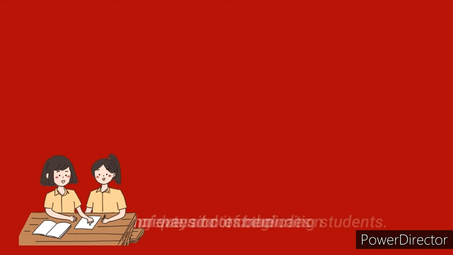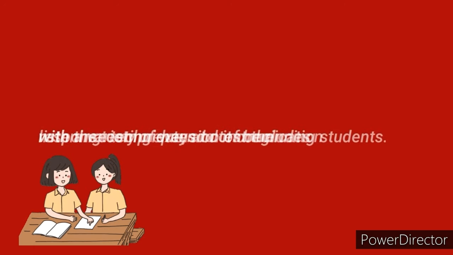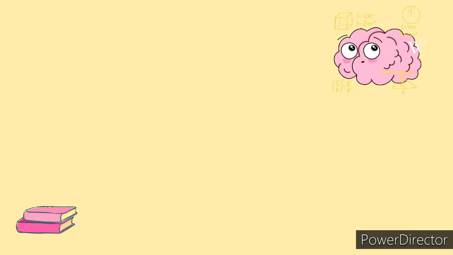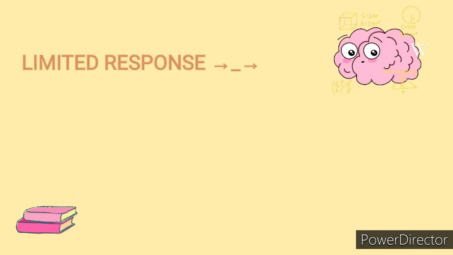This chapter begins with a variety of ways to test listening comprehension of beginning students. It then examines the appropriate response technique, and it concludes with testing extended communication. So, in the listening test, there is limited response.